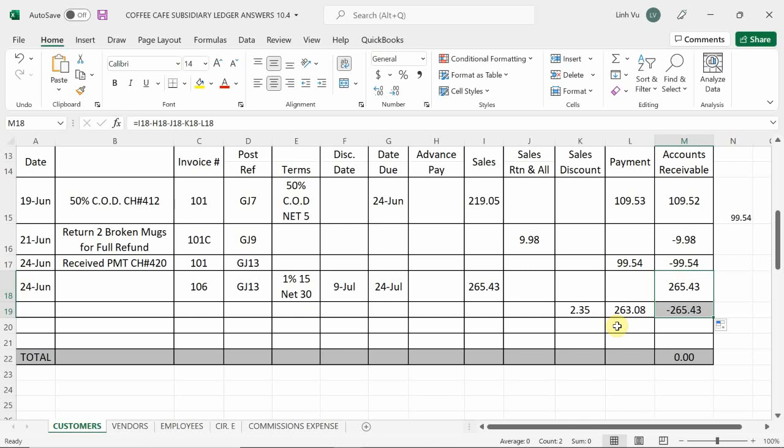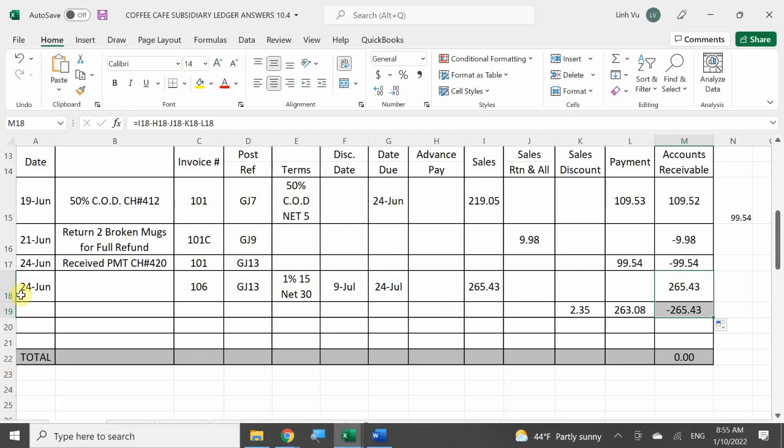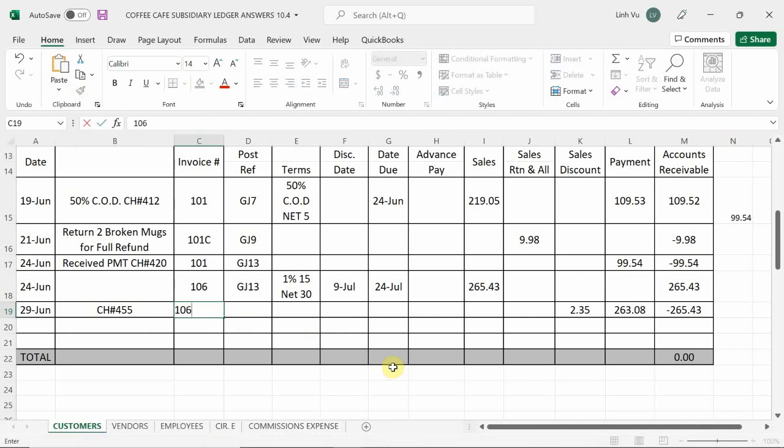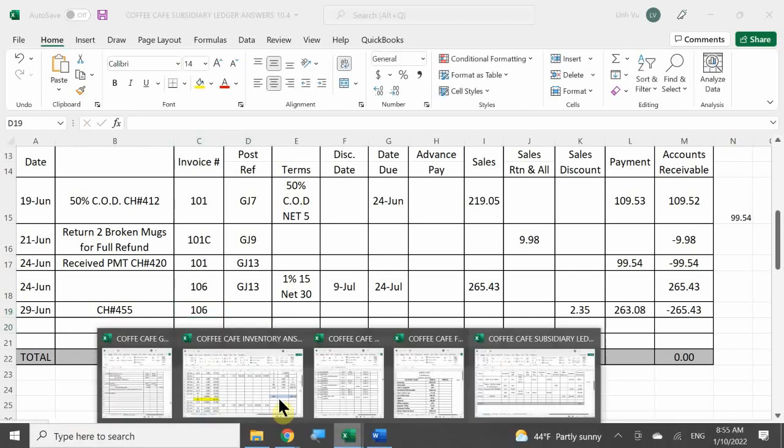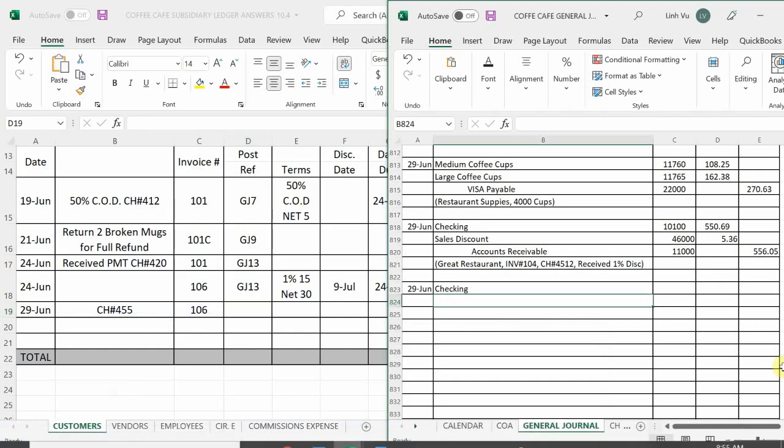Since we're already here, go ahead and just finish this up. On the 29th, we received check number 455 for invoice number 106. And let's see what journal we are on.